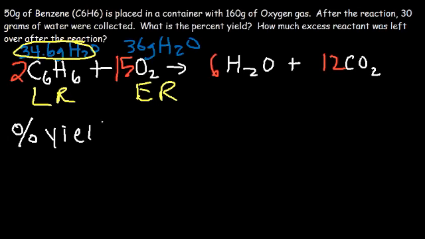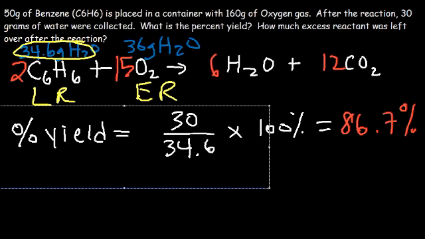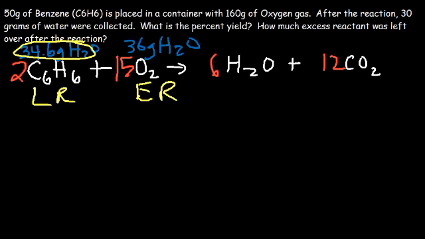The percent yield is the actual yield of 30 grams divided by the theoretical yield of 34.6 grams times 100%. You should get a percent yield of 86.7%.